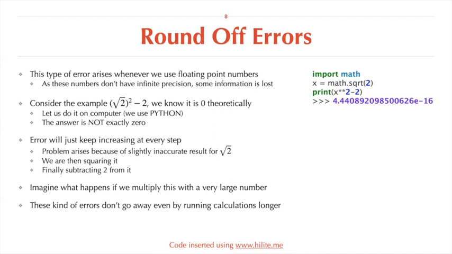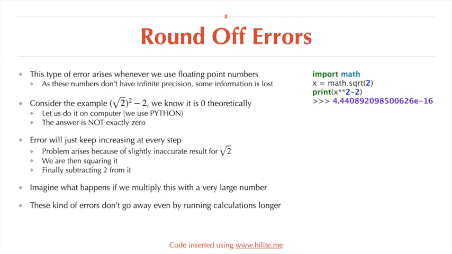So just because the computer cannot store the infinite numbers in its memory, is it? Yes. So here again, if you multiply this number, that residual part will get multiplied with whatever bigger number we are trying to multiply. So that will further add on to the error. So is that the reason here also?